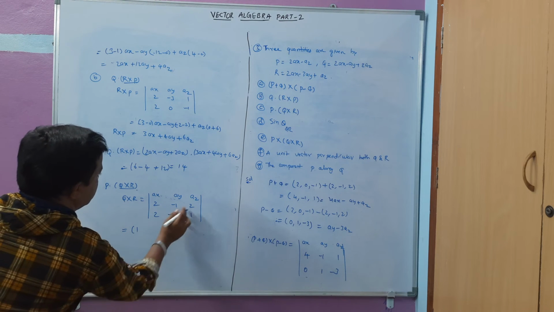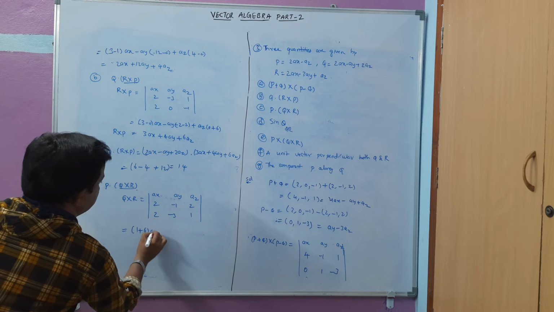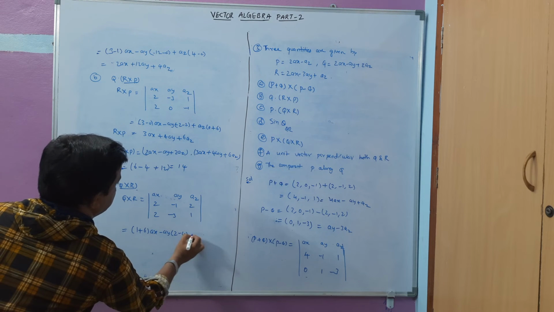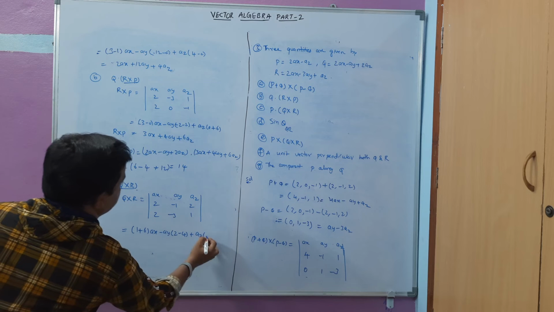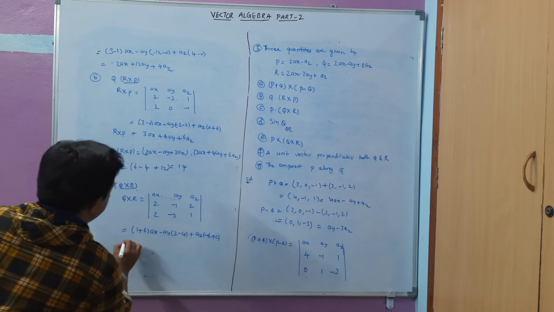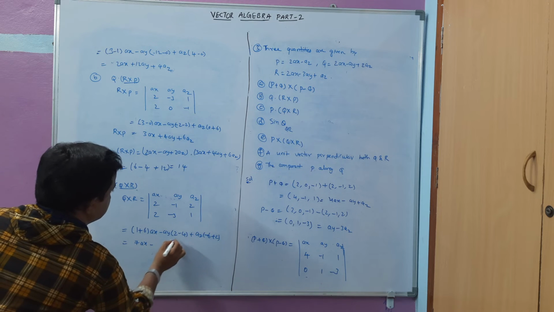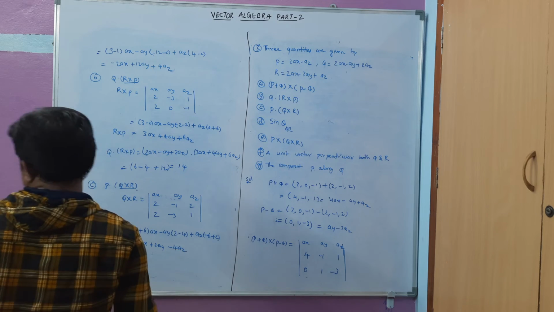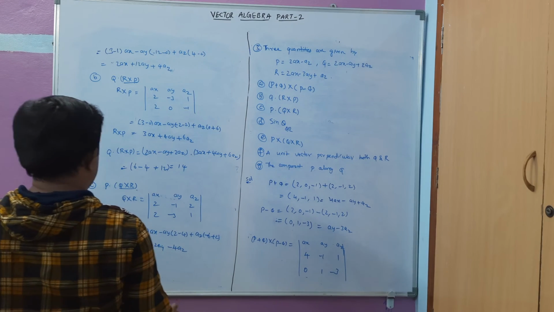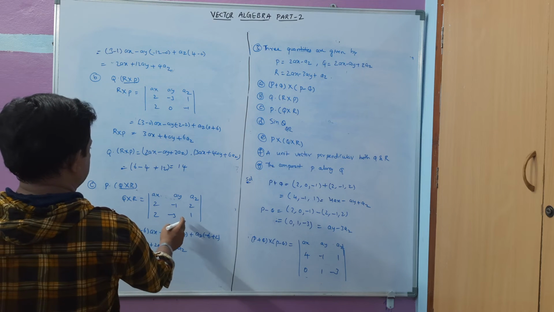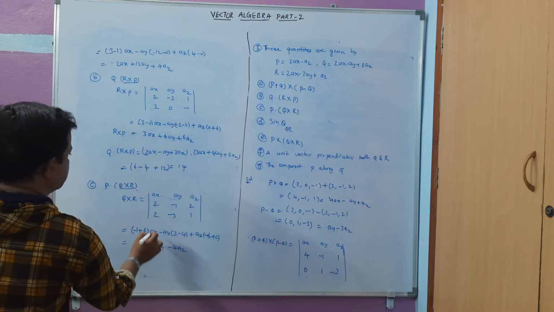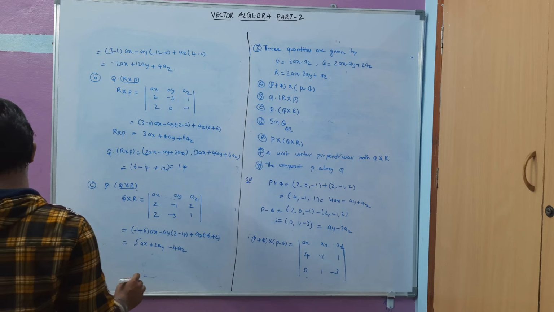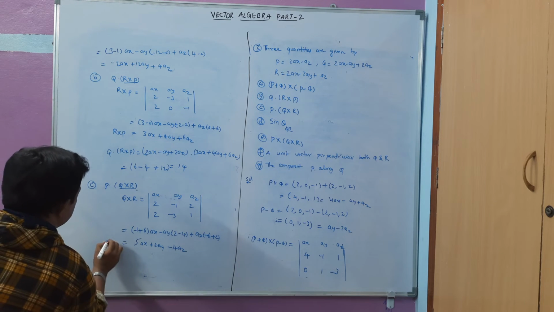Minus 1 minus minus plus, you will get 6, 3 to 6 here, ax minus ay into 2 minus 4 into ay plus az into minus 6 plus 2. What do I get here? 7ax plus 2ay minus 4az. That is q cross r. I think it is minus 1 here, minus 1 plus 6, that is 5ax, sorry for that. 5ax plus 2ay minus 4az is the answer for q cross r.